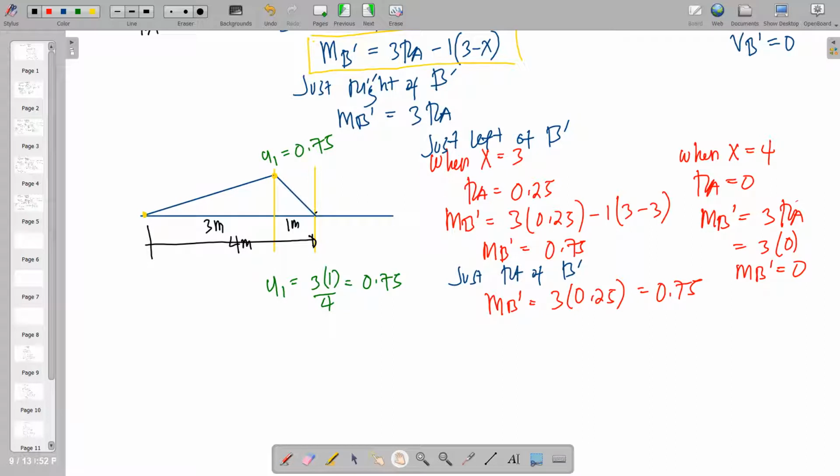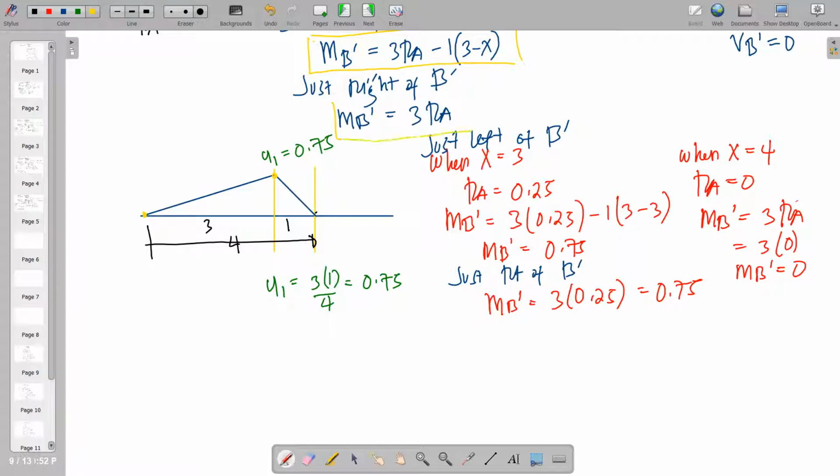Sorry, this should be in feet. So anyway, x is equal to 4, RA is equal to 0.